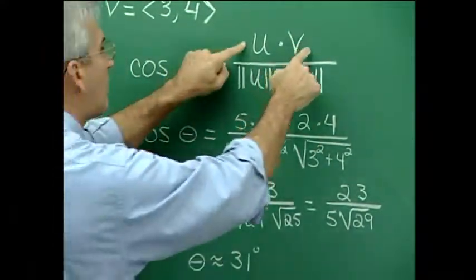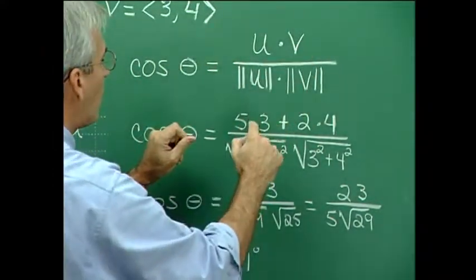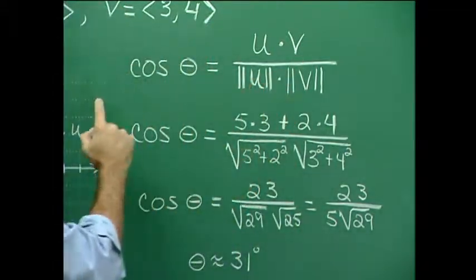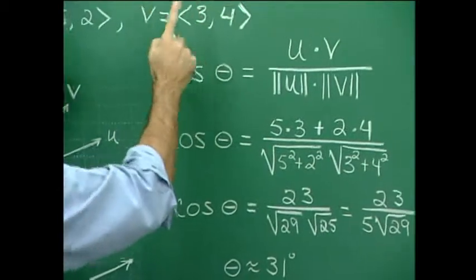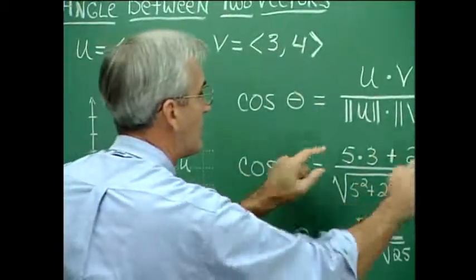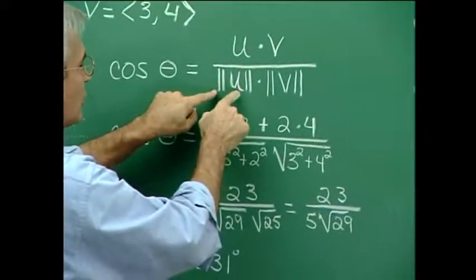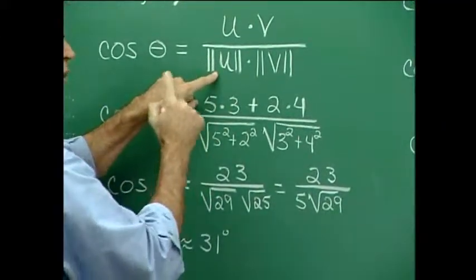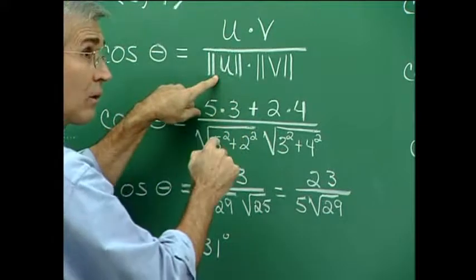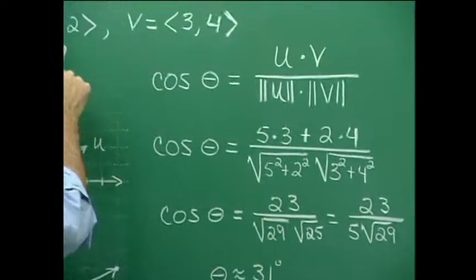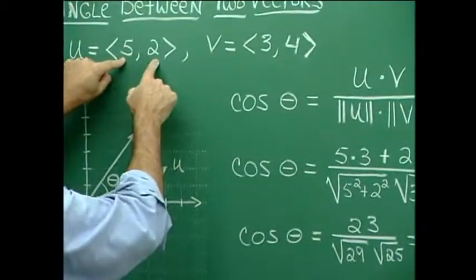So the dot product of u and v, we calculated it before. It's 5 times 3 plus 2 times 4. And remember where that comes from. It's 5 times 3 plus 2 times 4, to give this numerator. And then for the denominator, the magnitude of u means the square root of the sum of the squares of the components. There's a mouthful. But for u, it's the sum of the squares of 5 and 2 under a radical.